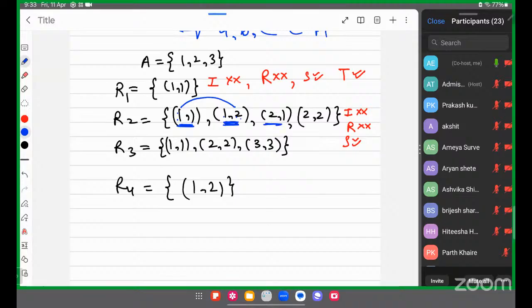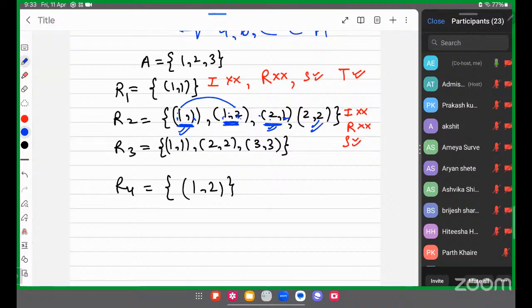Next element we have is 1, 2, and then we have 2, 1. So it must have 1, 1, and this is the element 1, 1. So transitivity for element 1, 2 is also valid. Now the third element: 2, 1 is there, 1, 1 is there, so 2, 1 must be there, which is the element itself. 2, 1 is there and 1, 2 is there, so 2, 2 must also be there, which is given in the relation.